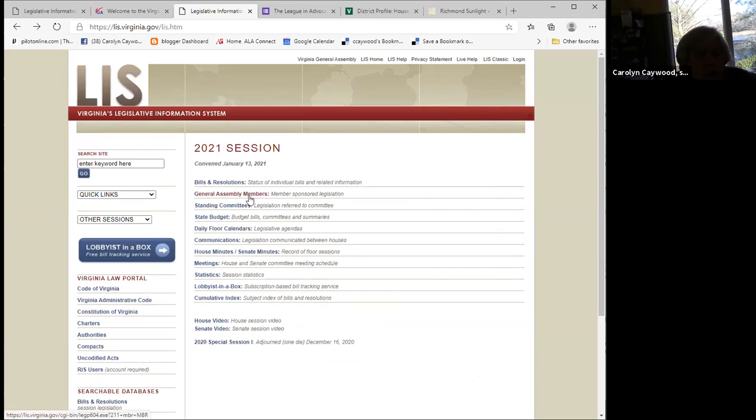Then you can go in directly by your own legislator or whoever you want. You can go in directly by committee. The calendar for what's on for today.